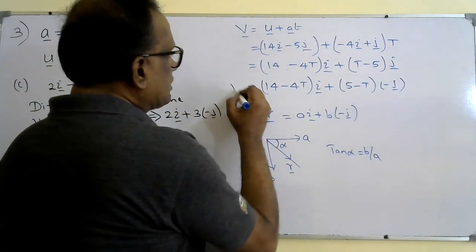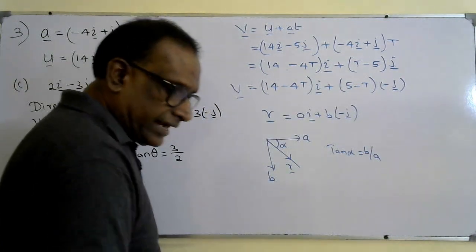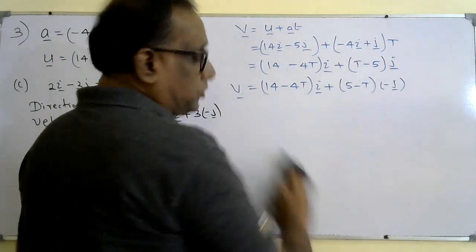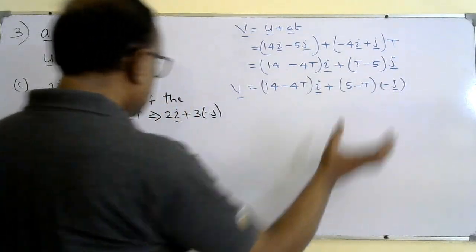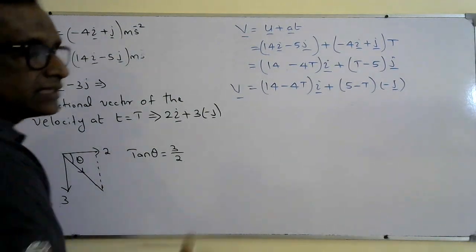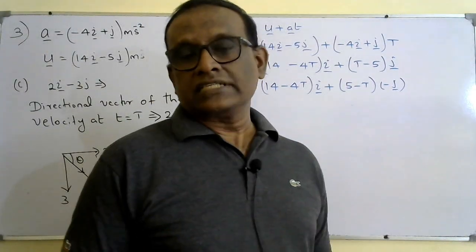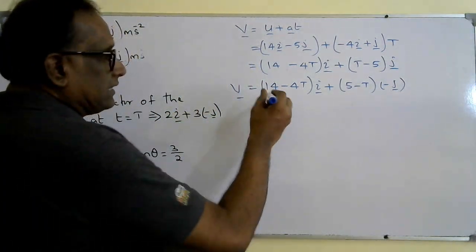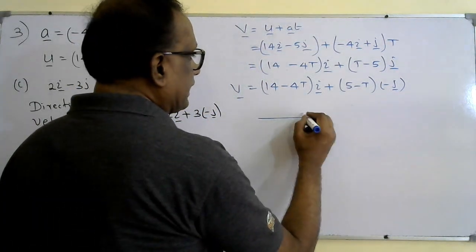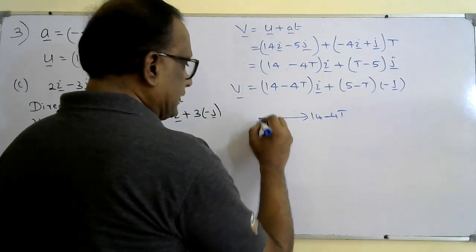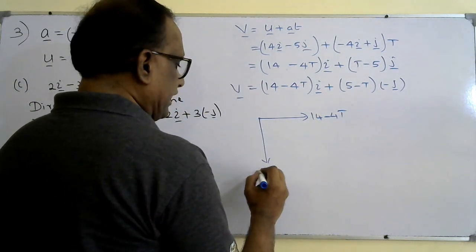So, we know the velocity vector. We'll find the direction of the velocity by using the velocity vector. That direction should be the same as this direction, because this is the directional vector of motion, which means that's the direction of the velocity. Motion is always along the velocity, right? So we'll find the velocity vector. Along the i direction it is 14 minus 4t, along the minus j direction it is 5 minus t.